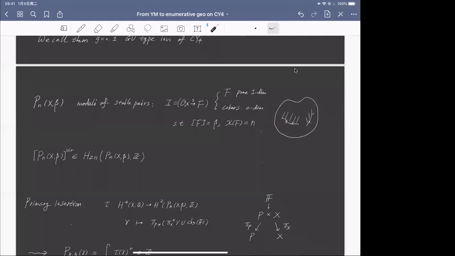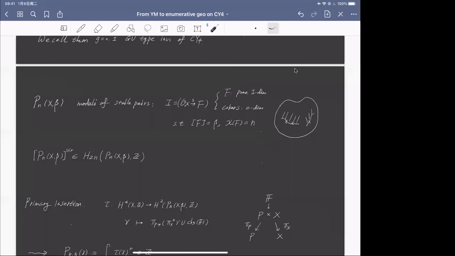So literally, this means we consider a section of a line bundle, and the zero locus is some points in the curve. The condition is that we require the cokernel to be zero-dimensional. Anyway, this is some technical definition, but you can just understand that the moduli space is some framed line bundle on some curve with a framed connection or something like that.